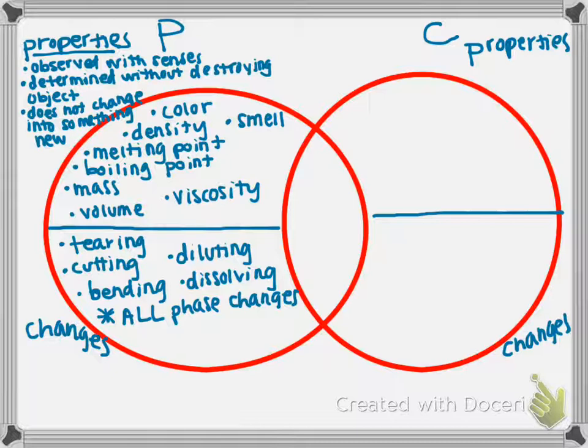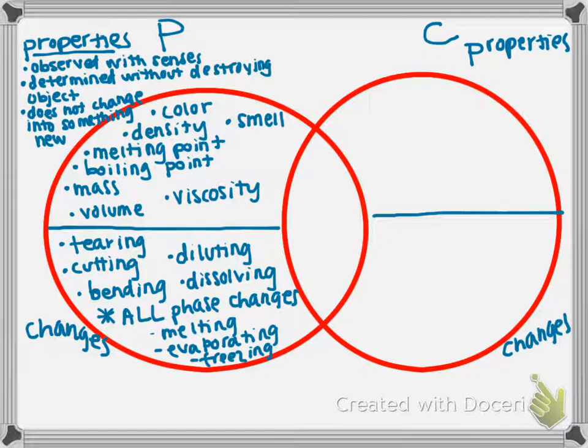Phase changes means, for example, when you're going from a solid to a liquid, so like melting, evaporating, freezing. Those are all phase changes. So those are physical changes because it doesn't make something new.